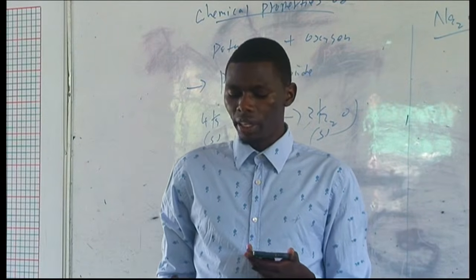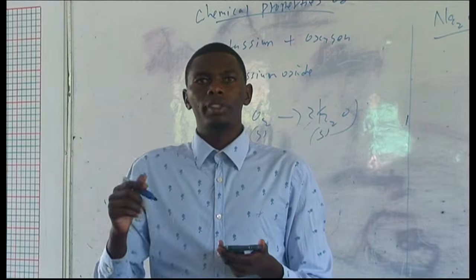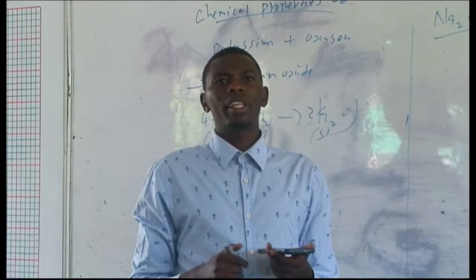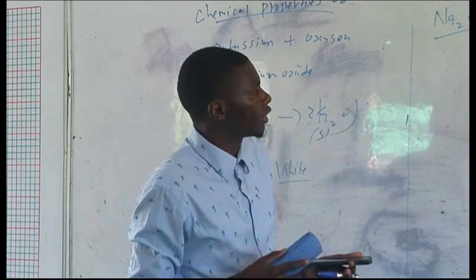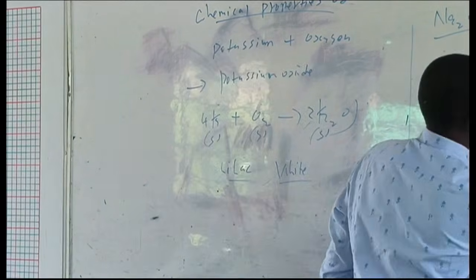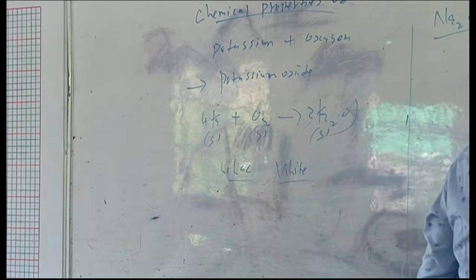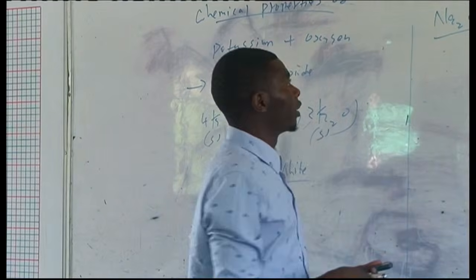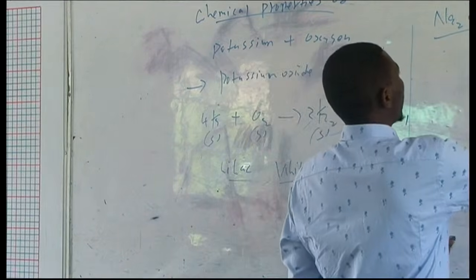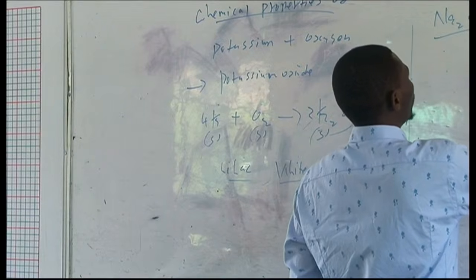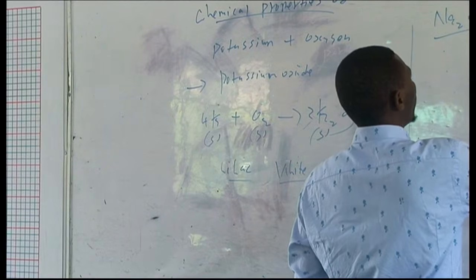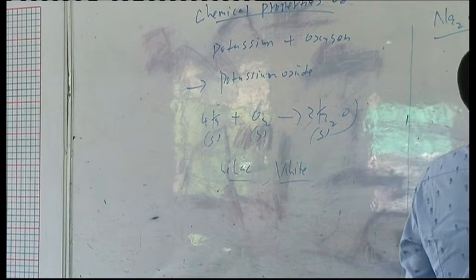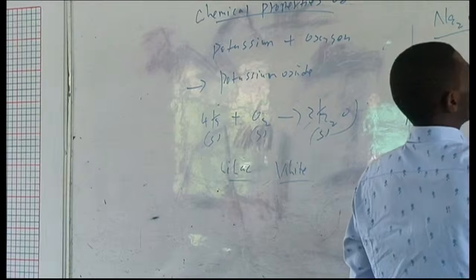We want to see how these alkali metals react with chlorine gas. So when we react alkali metals, for example sodium plus chlorine, it will produce sodium chloride.